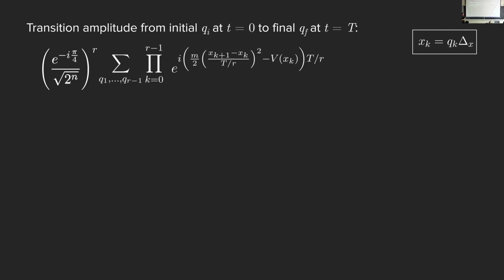So if you took R to go to infinity, then you would end up getting something that looks like an integral in the phase. And yeah, the expression looks pretty similar to the continuous one.